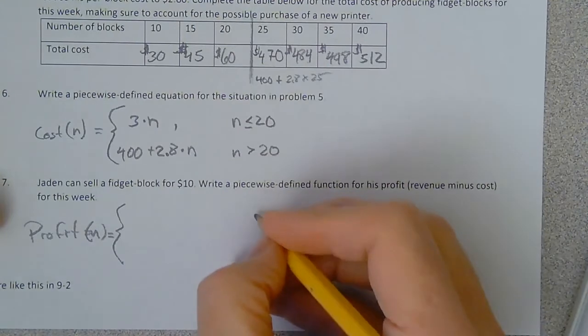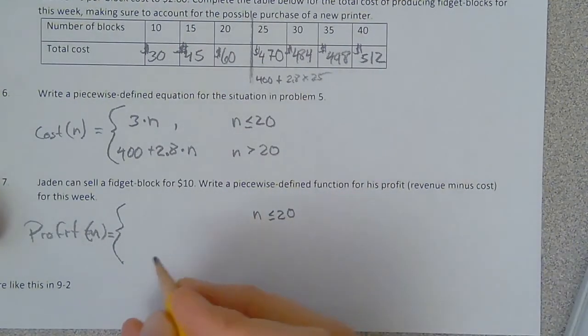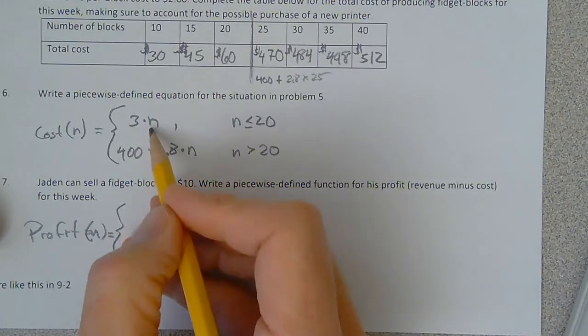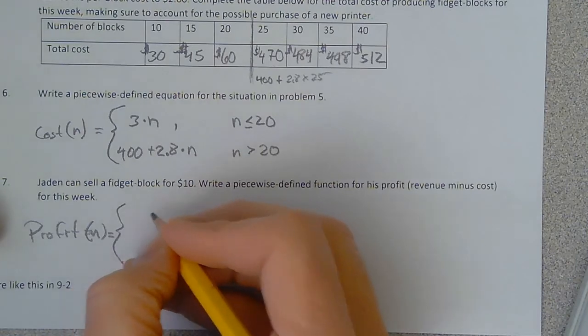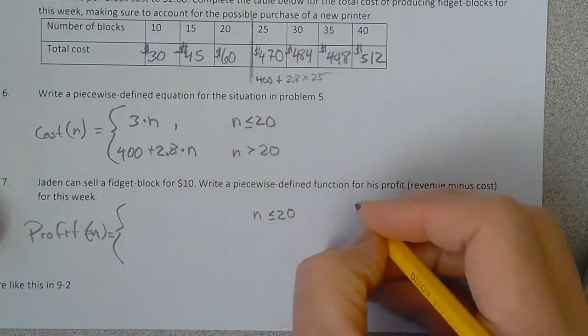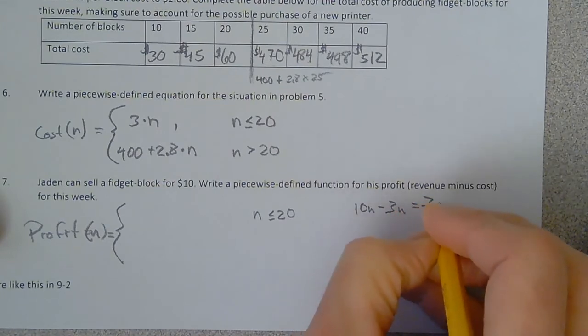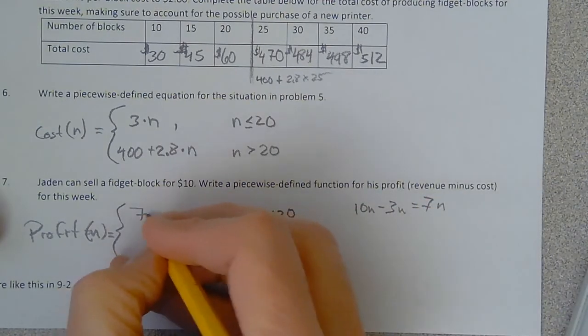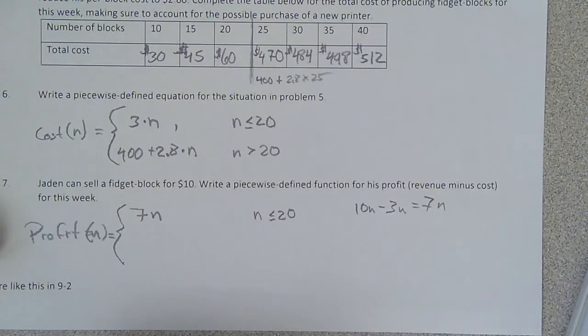In the first one, again, if he makes and sells 20 or fewer, the 3n is going to be what it's costing, but 10n is going to be how much money he makes. So 10n minus 3n looks like 7n. So his profit will be 7 times the number of blocks that he makes.